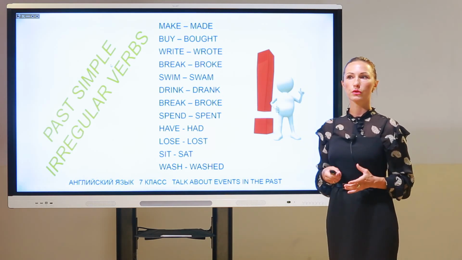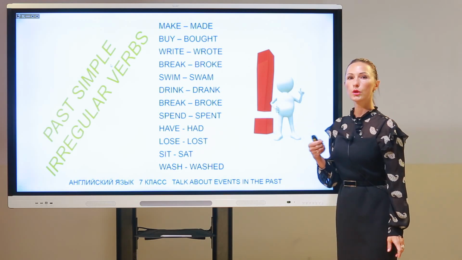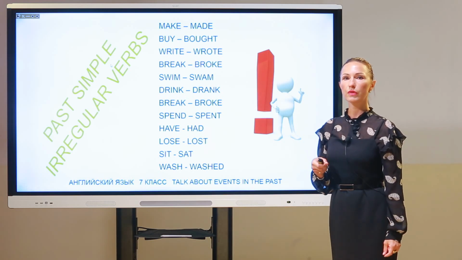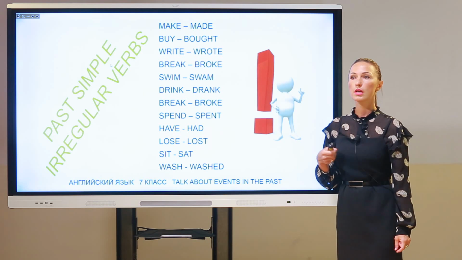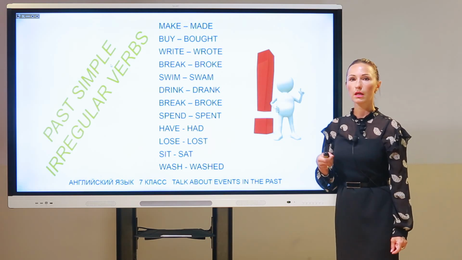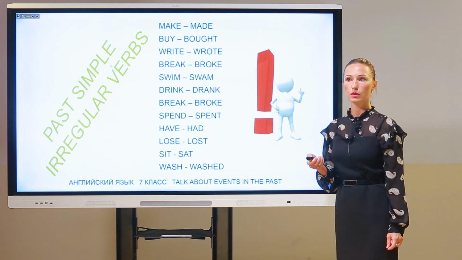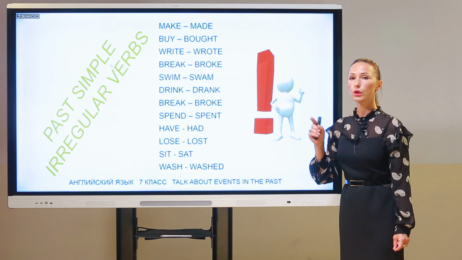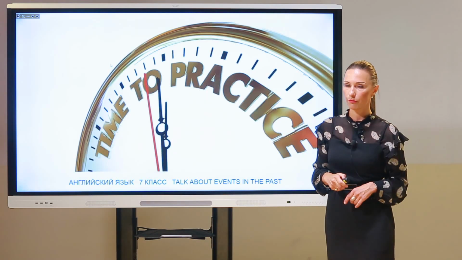Buy, bought. Write, wrote. Break, broke. Swim, swam. Drink, drank. Break, broke. Spend, spent. Have, had. Lose, lost. Sit, sat. And wash, washed. Good for you.